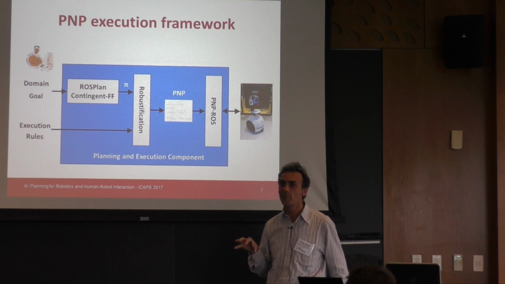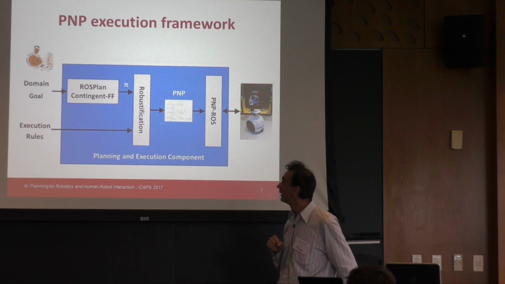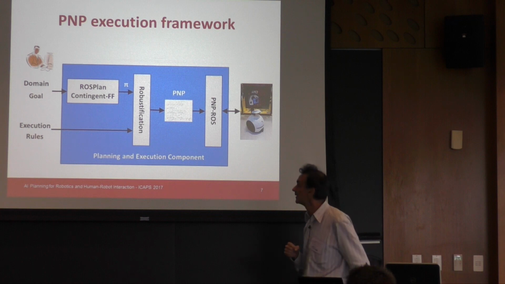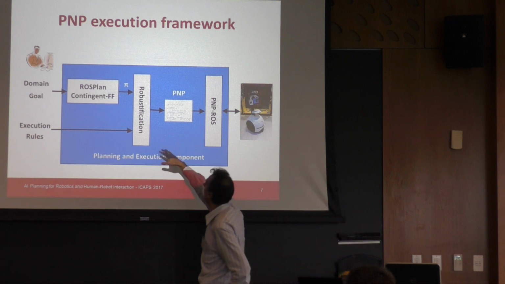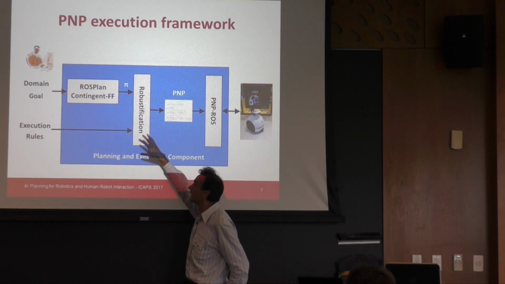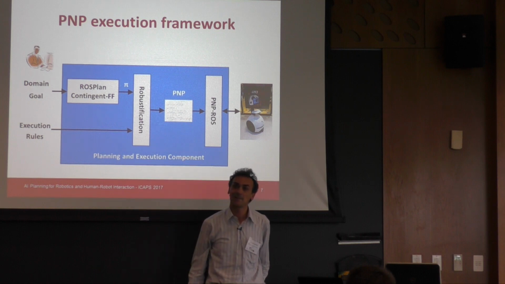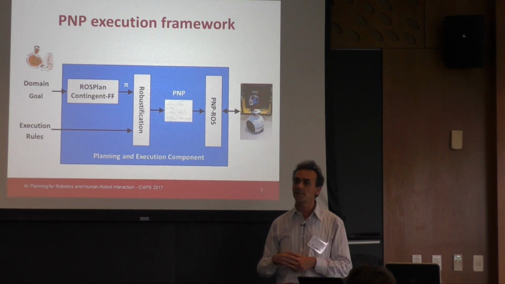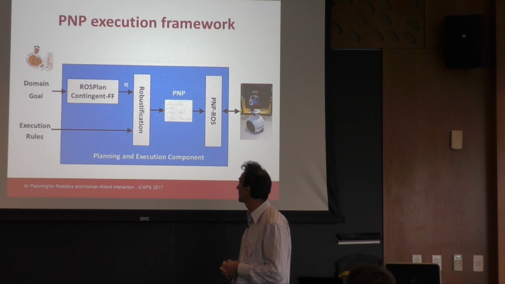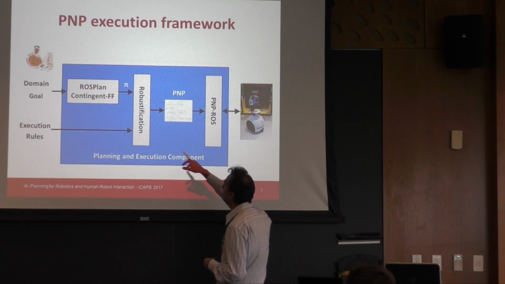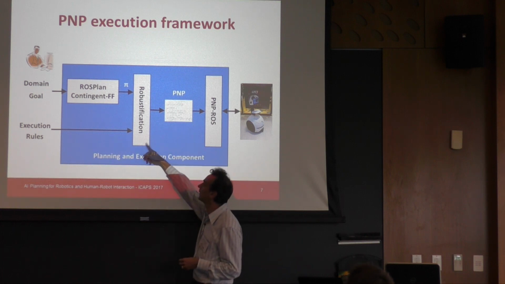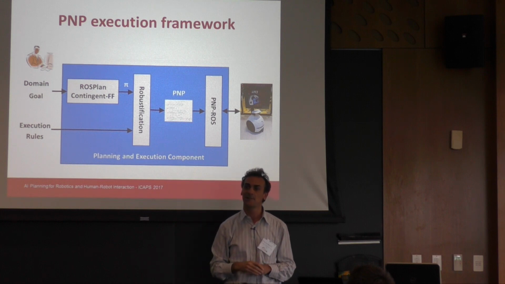This other plan is more robust with respect to the plan generated by the planner system. And I will describe how this is done. And at the end, what we have is this PNP that represents a complex behavior, so not only what is generated by the planner, but also what is generated by this phase.